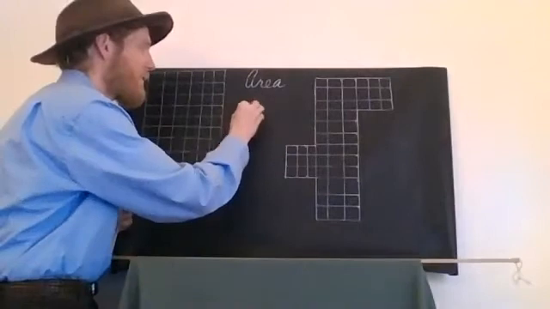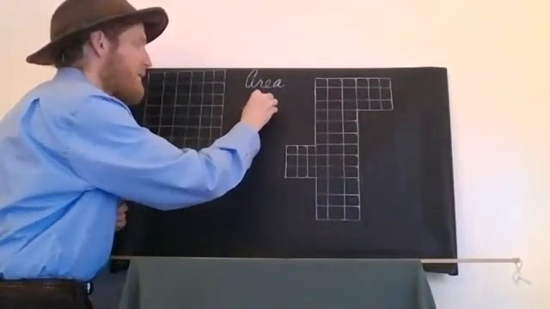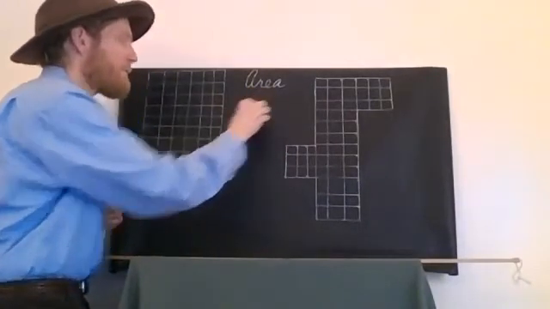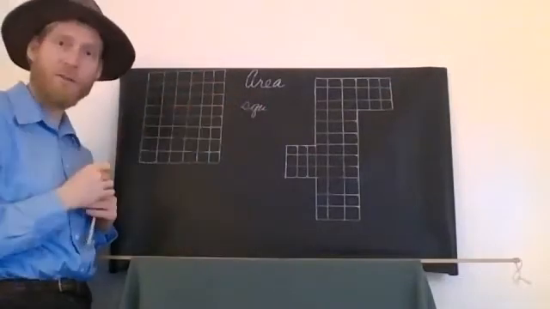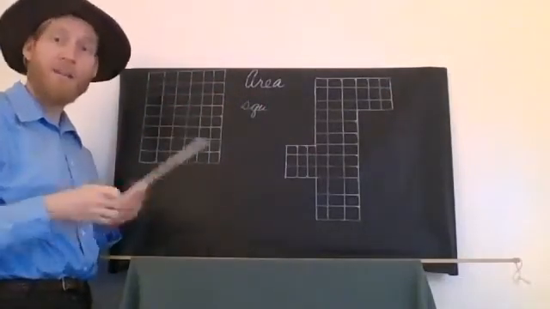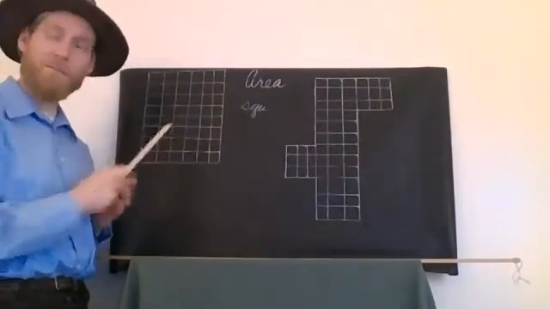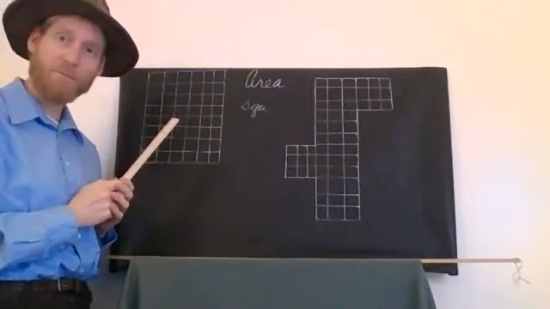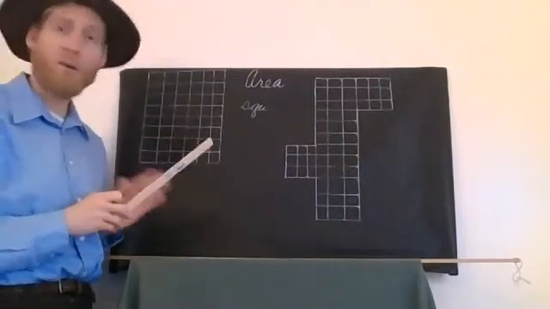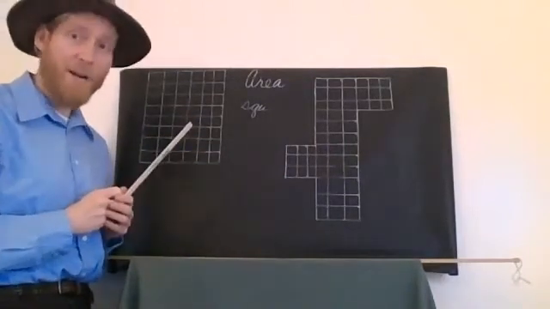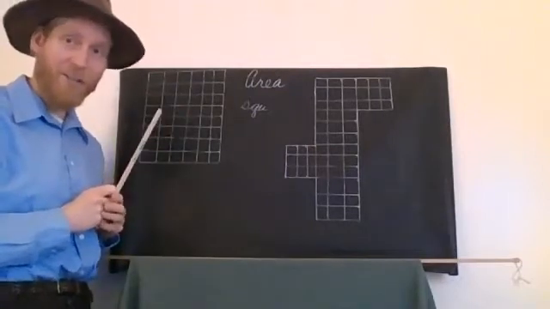So you're going to learn that, and I'm going to just put SQU, or SQ. You could also do square feet, square yards, whatever it is, the word square will be there too. With perimeter, you don't use square units, but for area, you use square units.